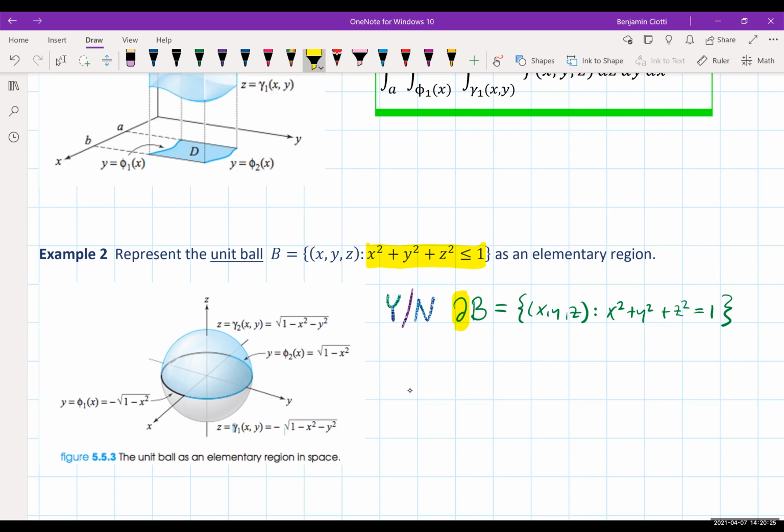It contains the interior. The boundary is just the points actually on the surface. It's like the difference between the rind of an orange and the actual meat of the orange. So the boundary of the unit ball is all the points where x squared plus y squared plus z squared is actually equal to 1 as opposed to less than. That is true.